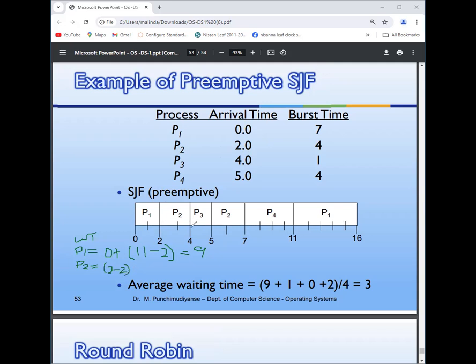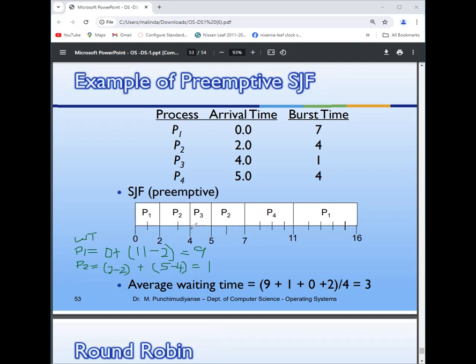After the 4th millisecond, P2 has to wait until the 5th millisecond, so that is 5 minus 4. P2's total waiting time is 1 millisecond, because 5 minus 4 is 1, and initially it was 0.